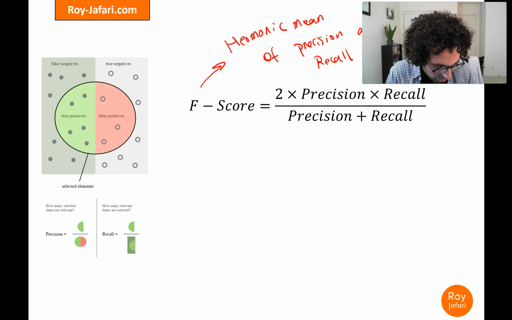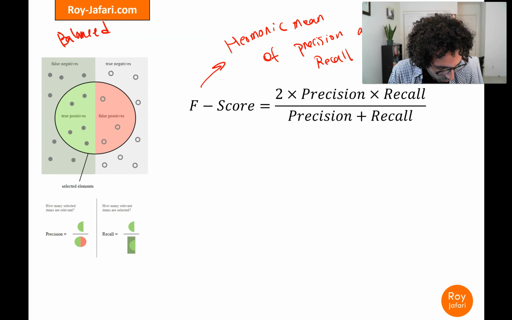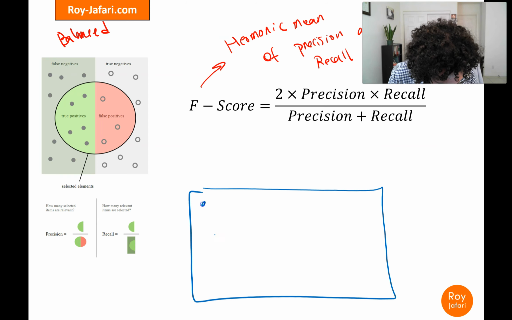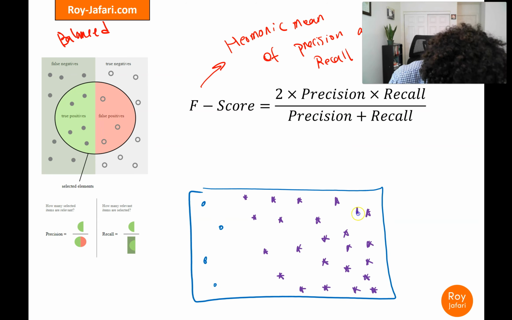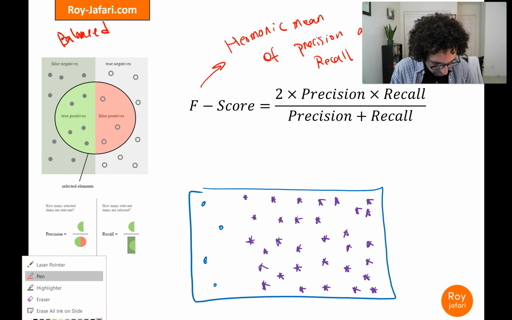So let's see an example here. That's when our class is not imbalanced, or our dataset is balanced. This is a balanced case. When we don't have a balanced case, let me draw that again. So this is our imbalanced case again. Let's say we select something like we did in the previous slide.